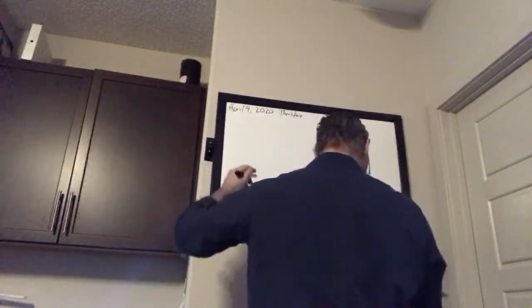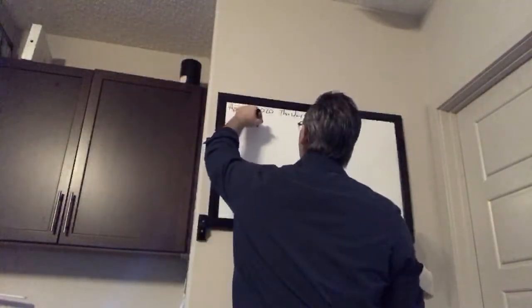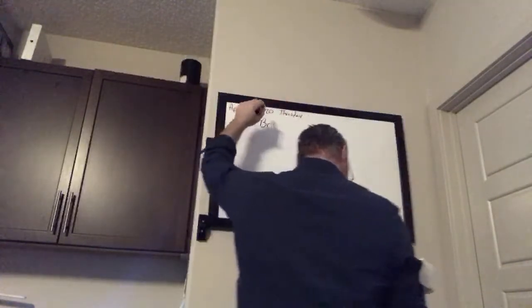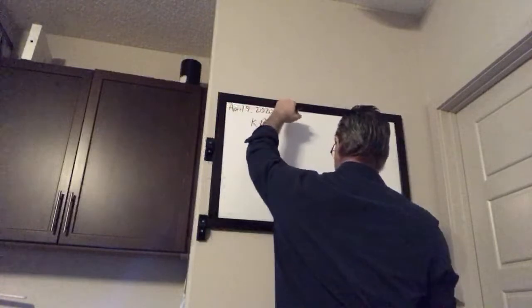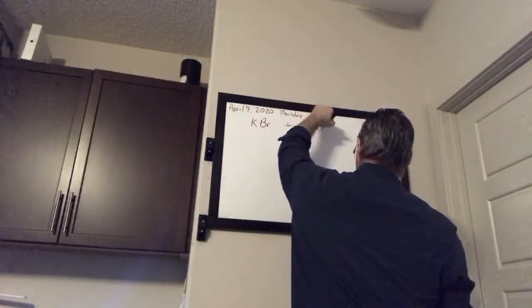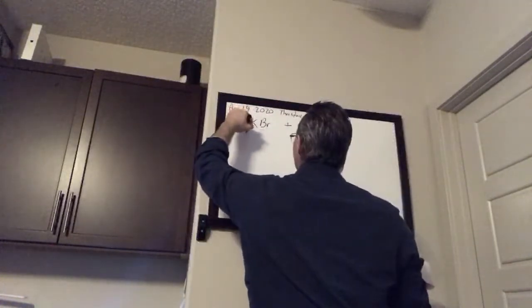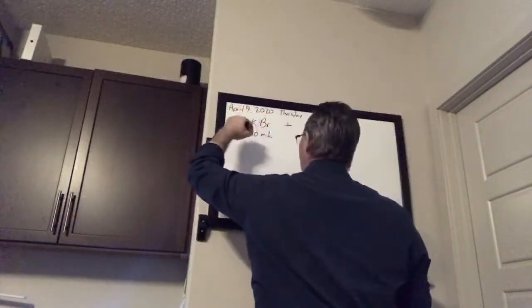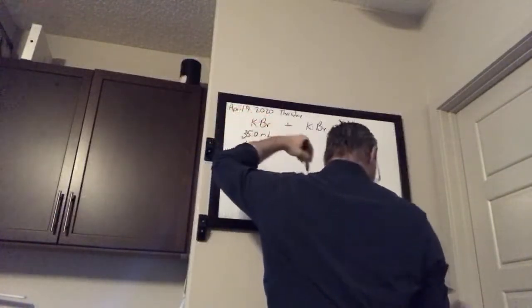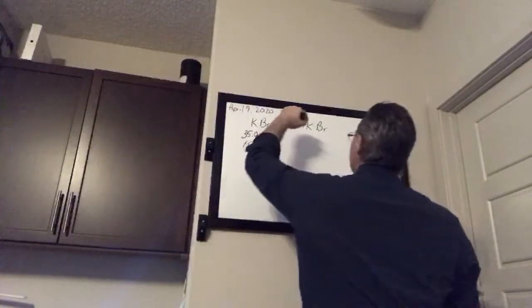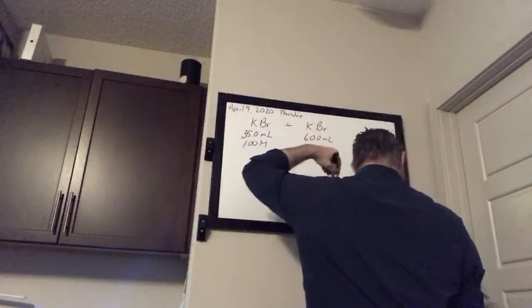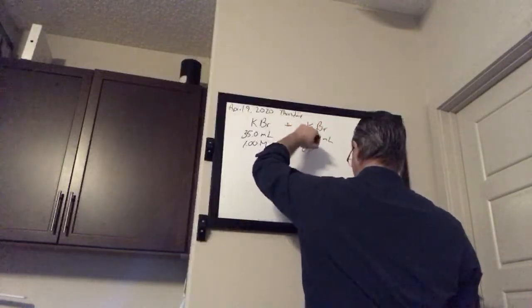So you got KBr, and you've got another solution of KBr. One is 35 milliliters of 1 molar, and the other one is 60 milliliters of 0.6 molar.